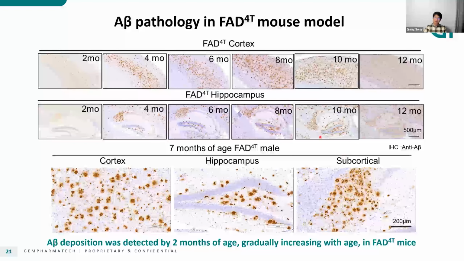And firstly, we detected the A-beta deposition in the FAD40 mouse brain, and it is clear to see that the A-beta deposition appears in the cortex and the hippocampus, showing clear A-beta deposition in these brain areas.